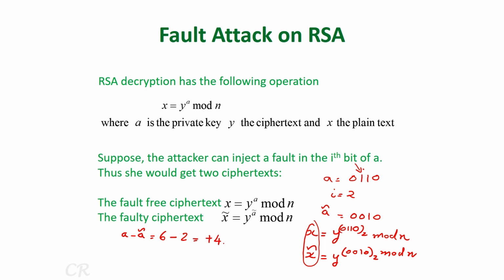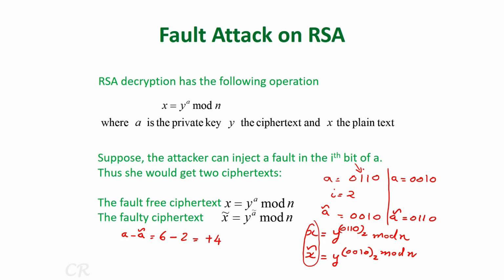On the other hand, let us say that A had a value of 2 before injecting a fault. So, this was one condition, and we are now assuming that A has a value of 2 and injecting a fault in the i equal to 2 location. The attacker has somehow been able to change A to 6.